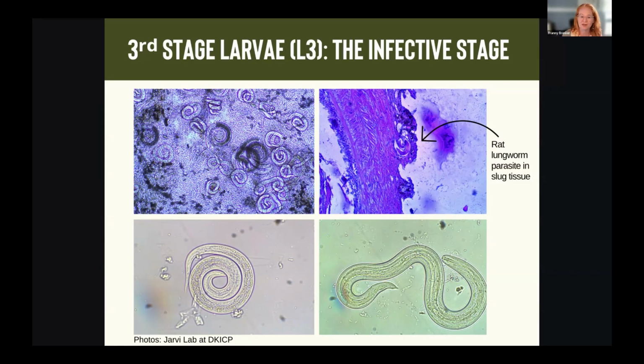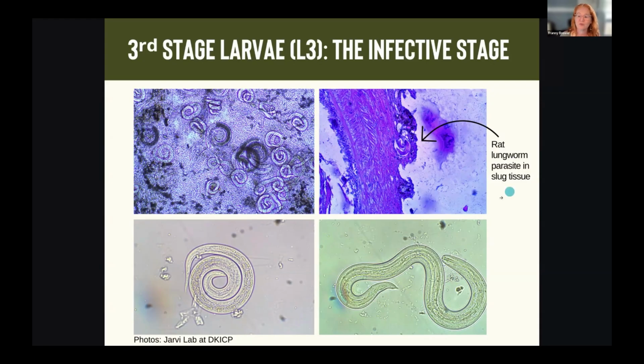And you can see a bunch of them in the upper left, right? These guys are just waiting until such time as they are picked up by a rat. And then the hydrochloric acid in the rat's stomach, which is the same type of acid that we have because we're also mammals, that's going to be a sign to that worm to wake up and start wiggling around to get through the lining and get into the bloodstream to continue its life cycle.